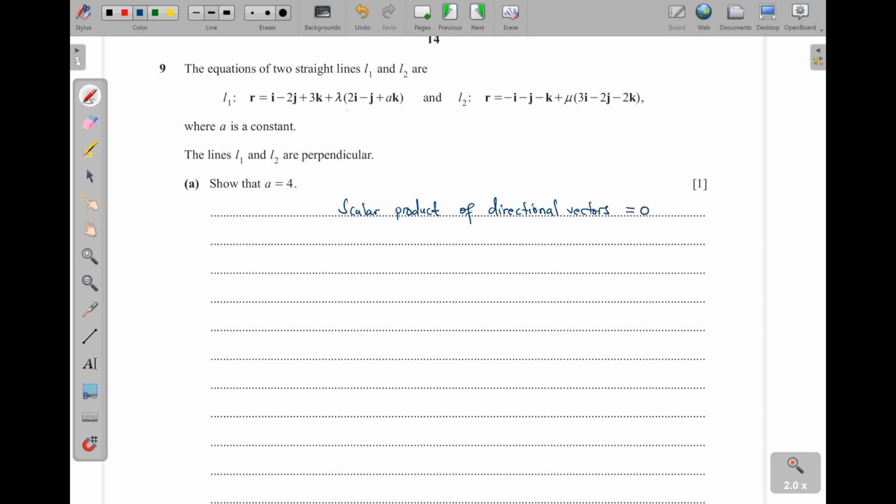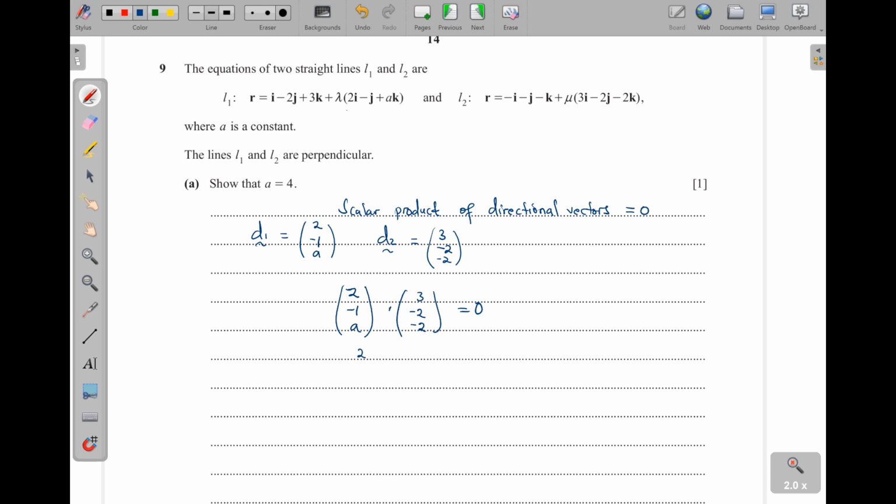So the directional vector of L1 is this one here. I can call it maybe D1. That one is 2, negative 1, and A. And then D2 is going to be 3, negative 2, negative 2, which is coming from here. It's the one you see in the brackets. Okay, so let's get the dot product. So this is 2, negative 1, and A, then dot it with 3, negative 2, negative 2, and then you equate to 0.